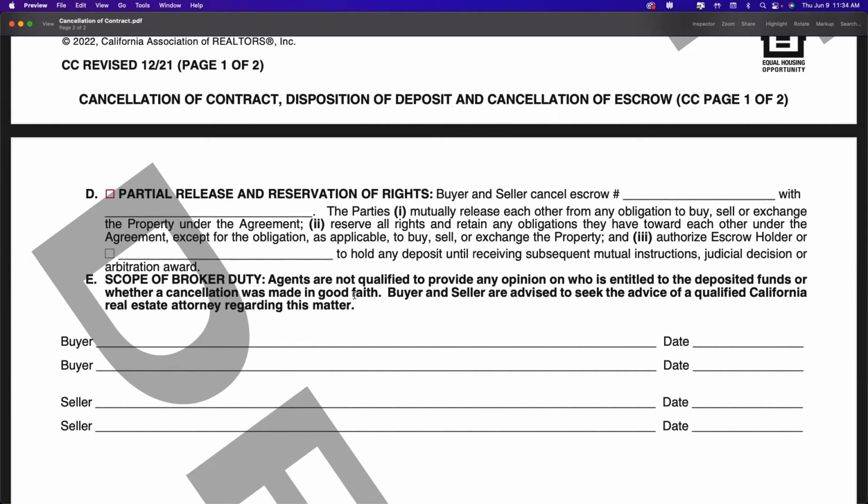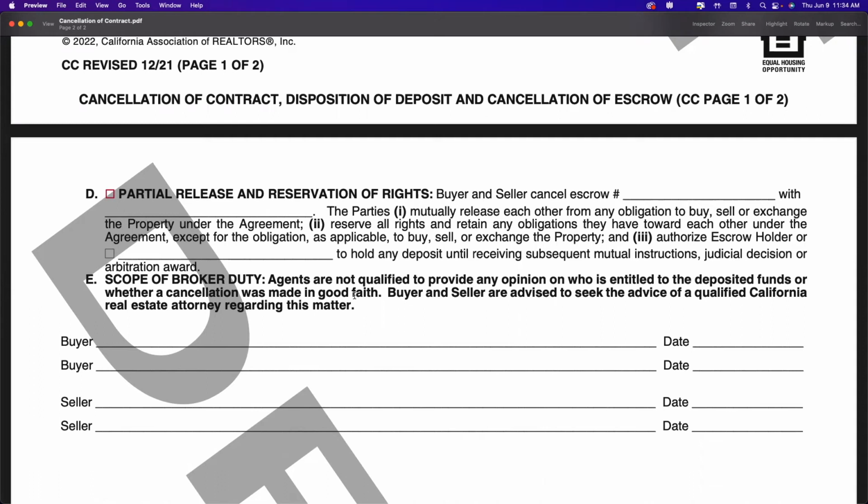Maybe a mediator or an arbitrator has seen so many cases like this that they have a different view on whether or not there was a breach of contract, and we can't change that once we get out there. So if there's any concern, we have to tell them, hey, I don't know what's going to happen. It's 50-50 at best if we fight for it, even though the contract says what it says.